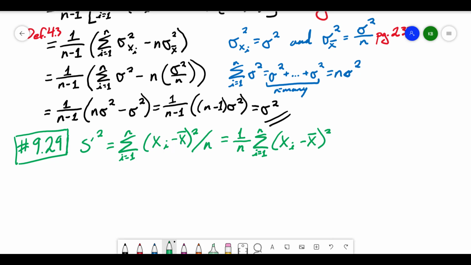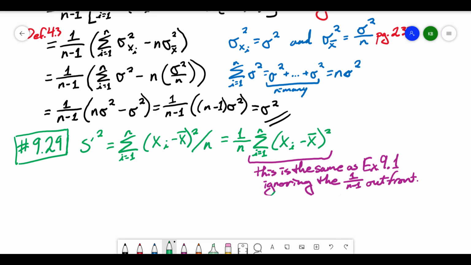And a lot of you were actually making it more complicated than it is. So if we look at this part right here, the sum part, it's the same as example 9.1 if we ignore the 1 divided by n minus 1 that's out in front. So we're going to use that.